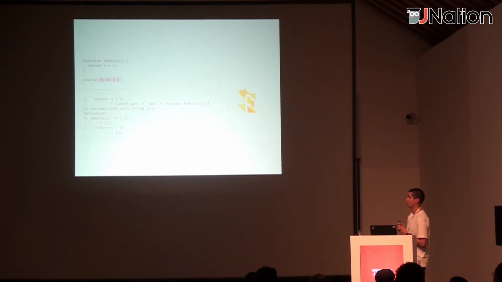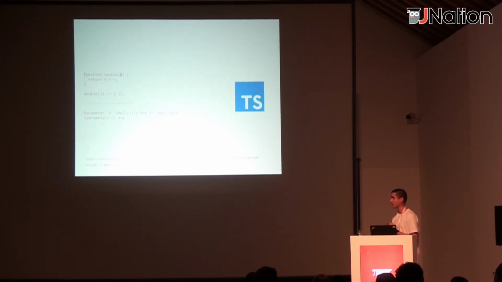Flow knows that the only valid arguments for this function are either strings or numbers. However, TypeScript errors when you declare the function, and it asks you for a type annotation. TypeScript cannot infer that the type of n is number or string. It asks for a type annotation. And this is a big difference between Flow and TypeScript. TypeScript needs a little bit more help.